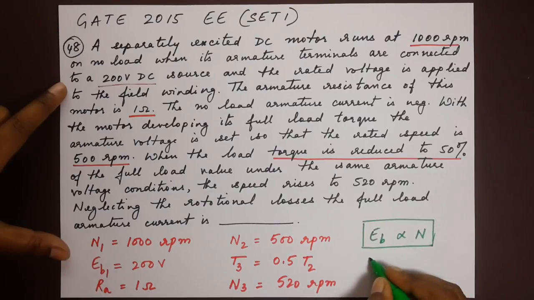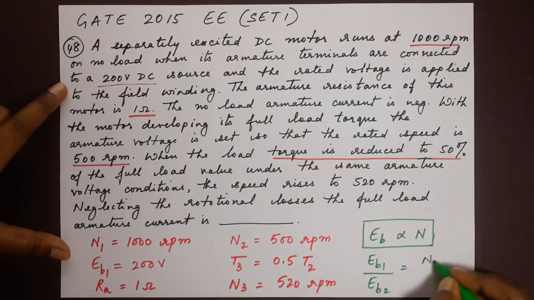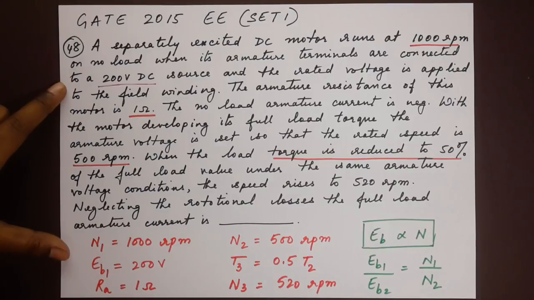This becomes EB1 by EB2 equals N1 by N2. Now let's substitute the values of EB1, N1 and N2 and find out the value of EB2.